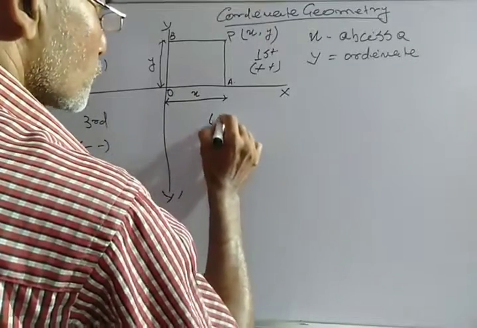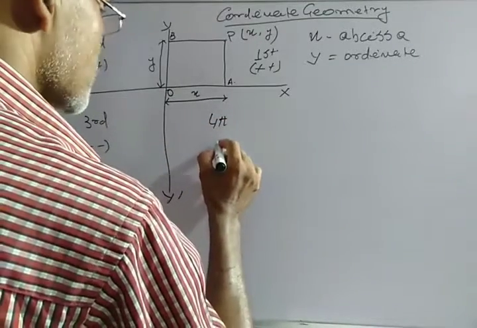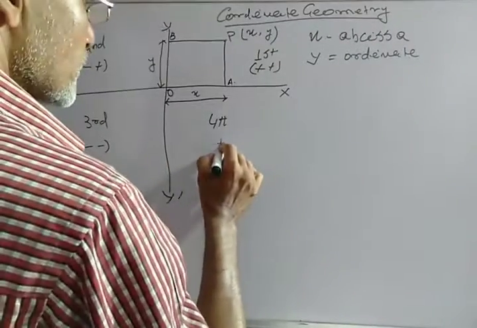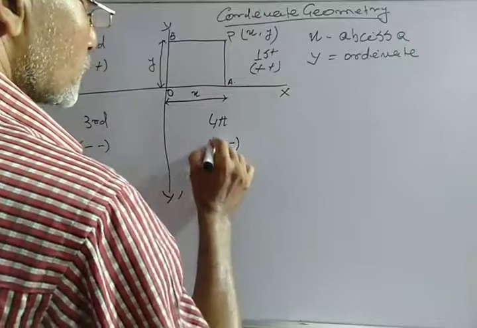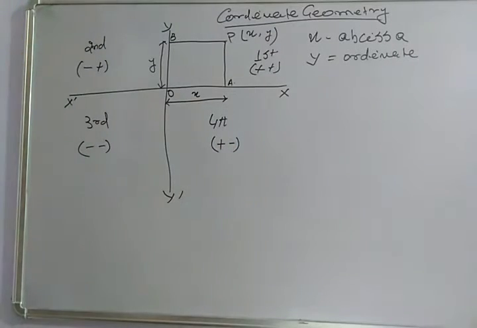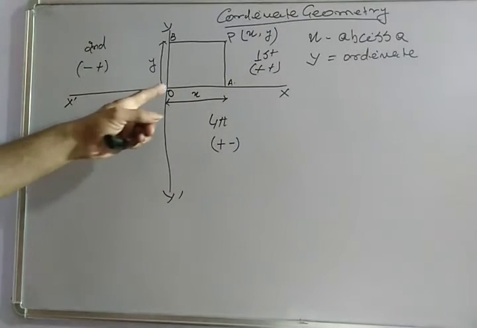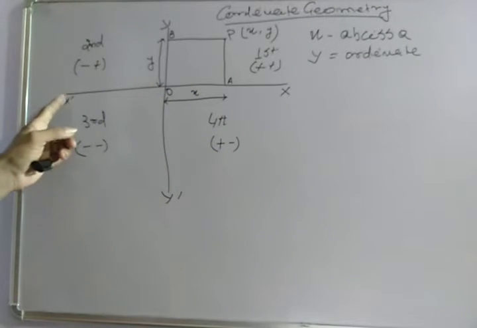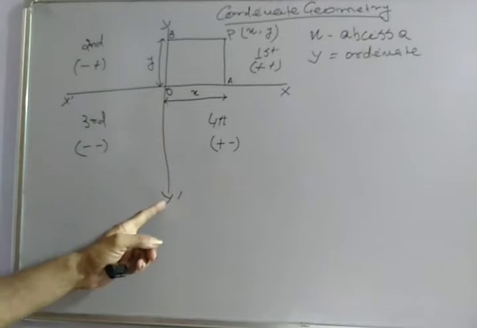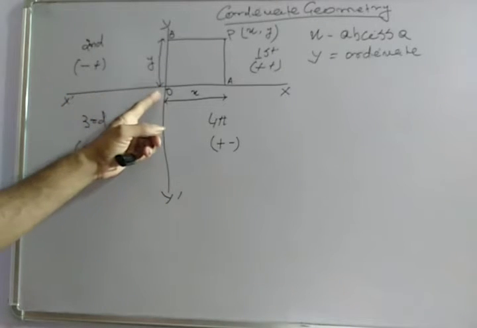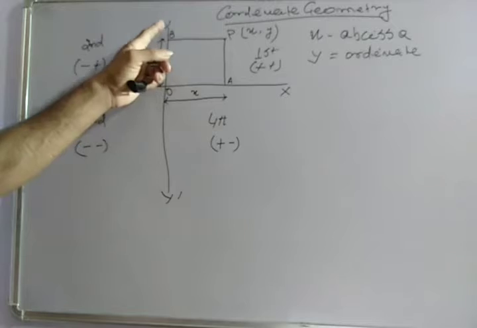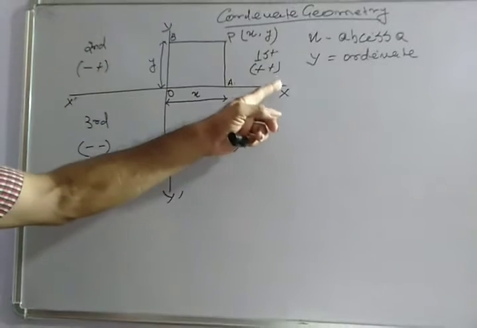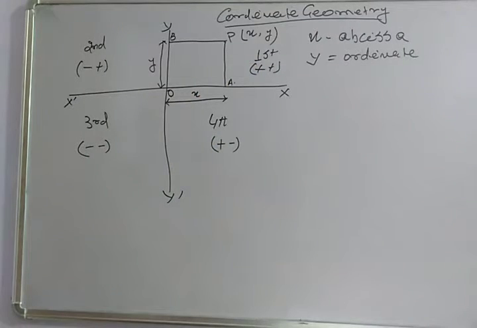This is the fourth quadrant, where the x coordinate is plus and the y coordinate is minus, so plus, minus.